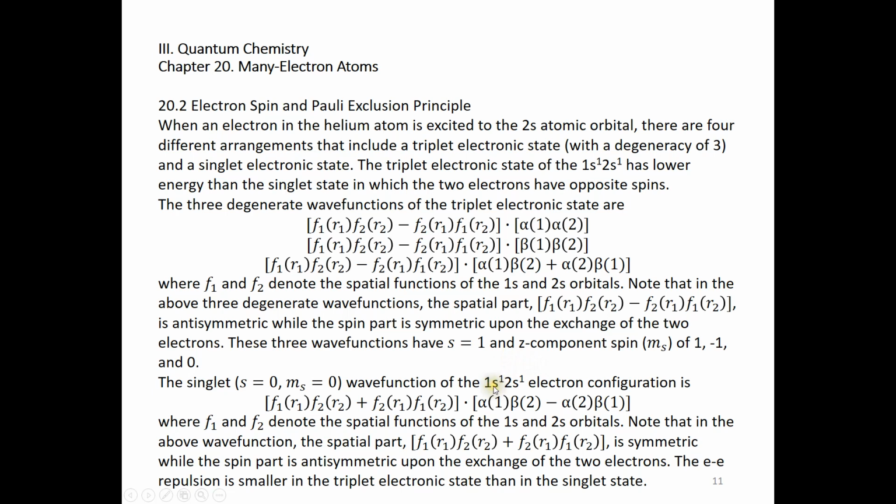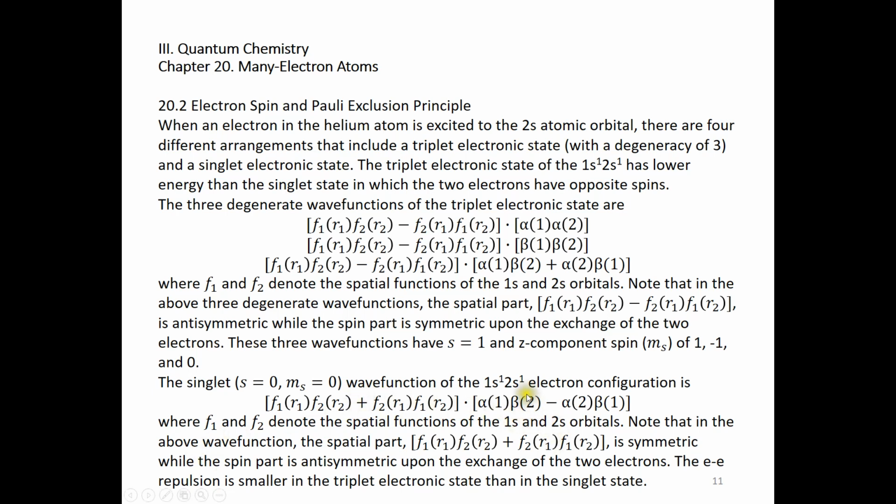So it's possible to calculate the average electron repulsion using postulate 4. In postulate 4, what we need to do is we need to have two integrals on the top and the bottom of a fraction. On the bottom, it's the integral of psi star times psi, and on top it's the integral of psi star multiplied by the repulsion operator applied to the wave function.